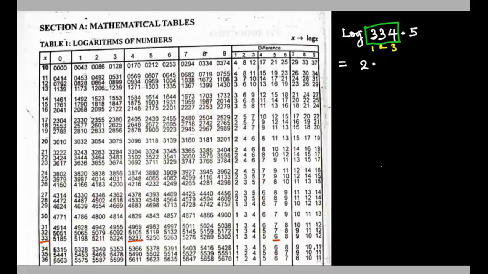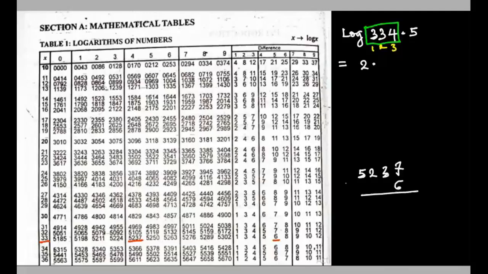So first of all, we got the log of 33 under 4, which gives us 5237. Now the difference of 5 gave us 6.